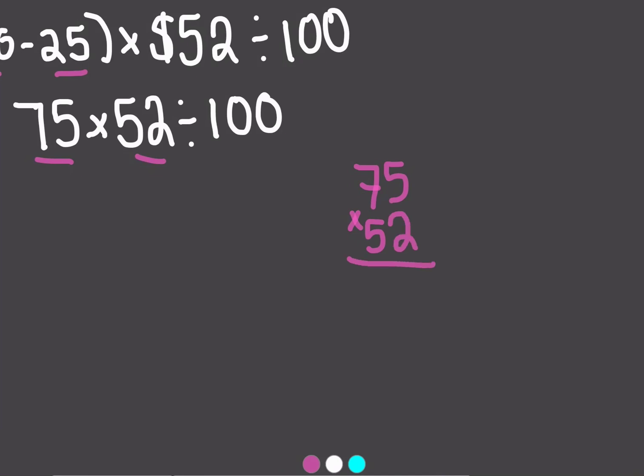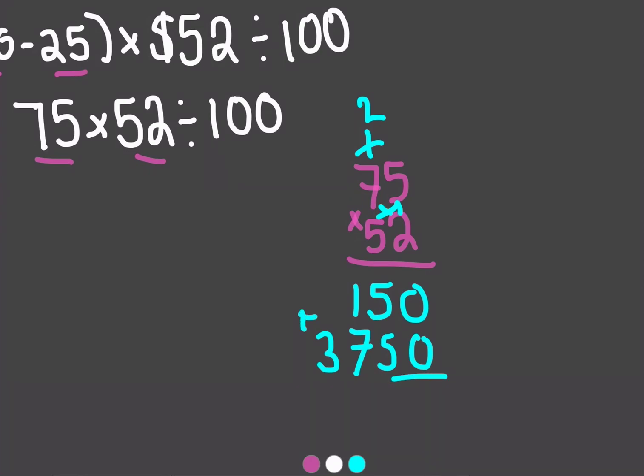You're going to multiply your 1's first. 2 times 5 is 10. Carry the 1. You're going to multiply your 2 times your 7. 2 times 7 is 14, plus 1 is 15. You've multiplied everything by that 2, so you're going to skip a line and put a 0. 5 times 5 is 25. Carry my 2. 5 times 7 is 35, plus 2 is 37.